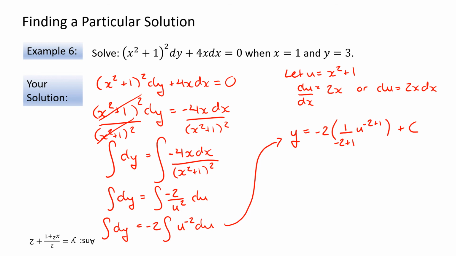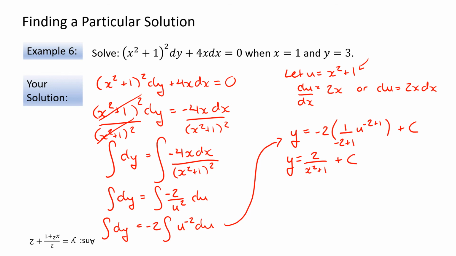So solving for this, we have a negative 2 in the numerator and a negative 1 in the denominator. That becomes positive 2, and our u term becomes u to the negative 1. So substituting in the value of u, which is x squared plus 1, we get that y is equal to 2 divided by x squared plus 1, plus a constant.